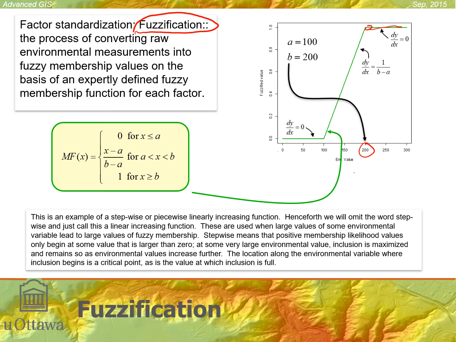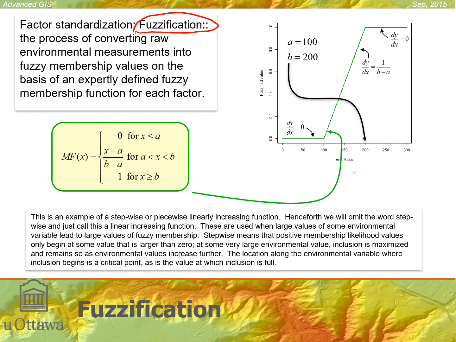Then the slope is again 0. So with all other things being equal, once we're 200 days or over, in terms of frost-free days, that's fine for Kudzu. It can successfully, under those conditions of temperature, exist, reproduce, etc.